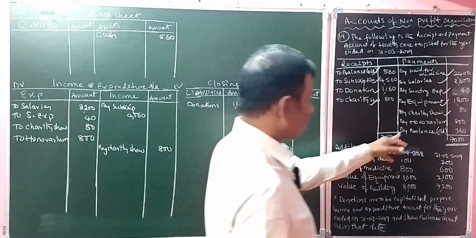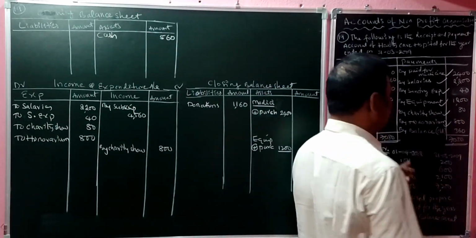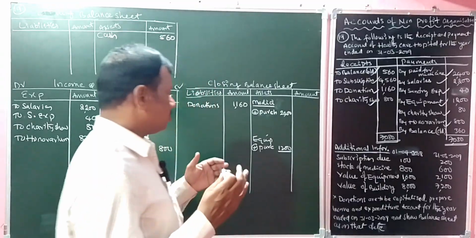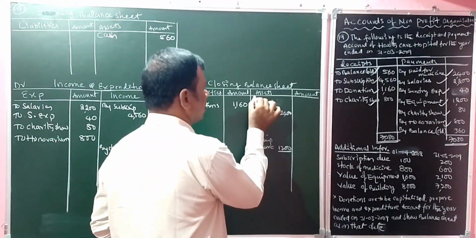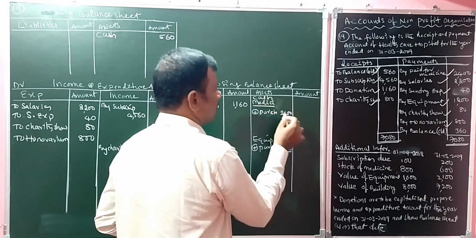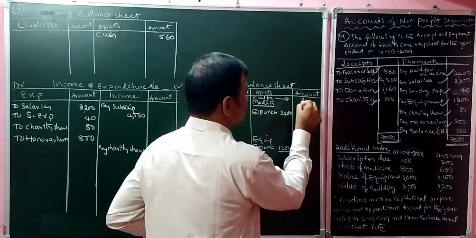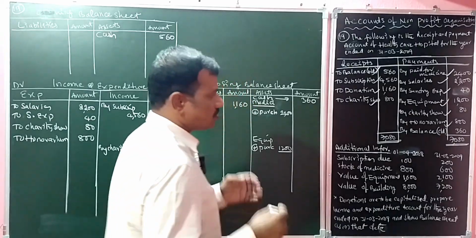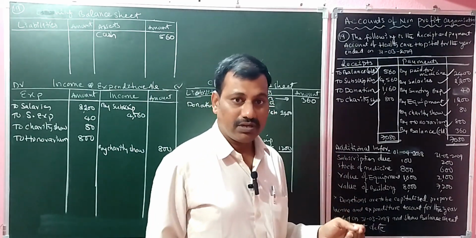Next one, balance. It is the closing balance, taken on the asset side of the closing balance sheet. Here I am writing cash. The cash value is 360 rupees. Next, let us see the additional information.